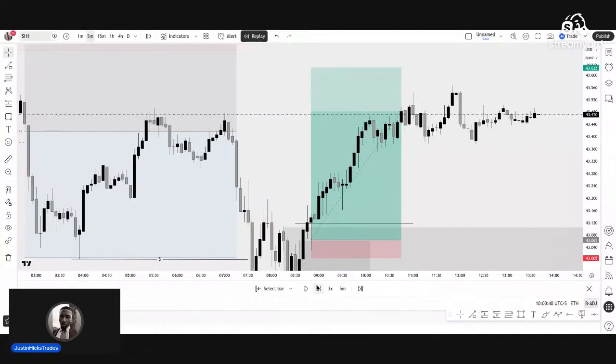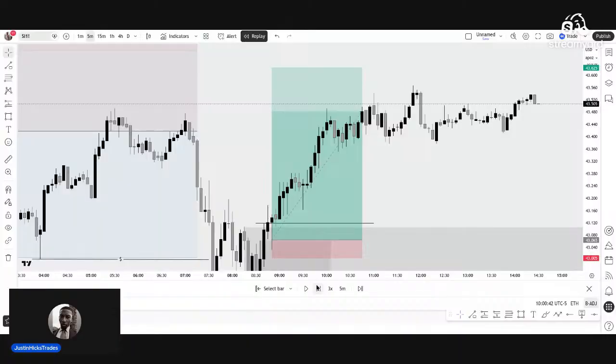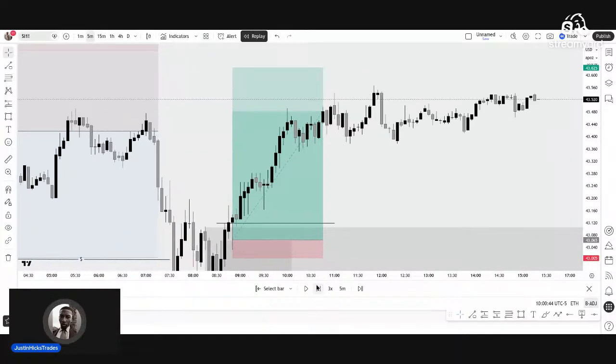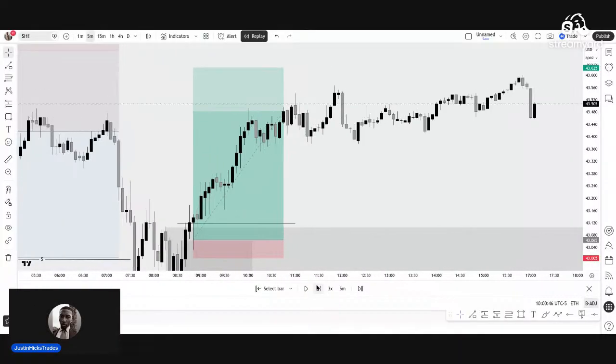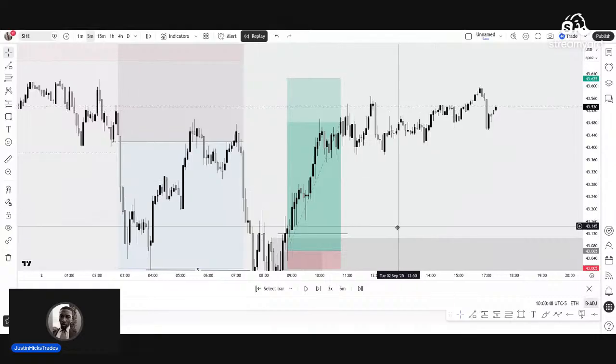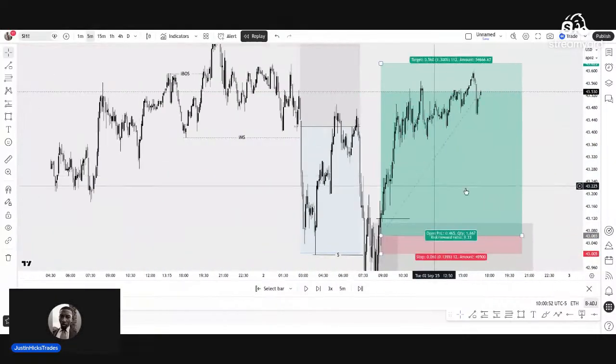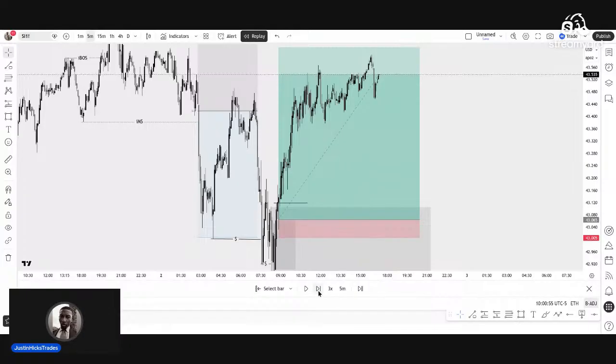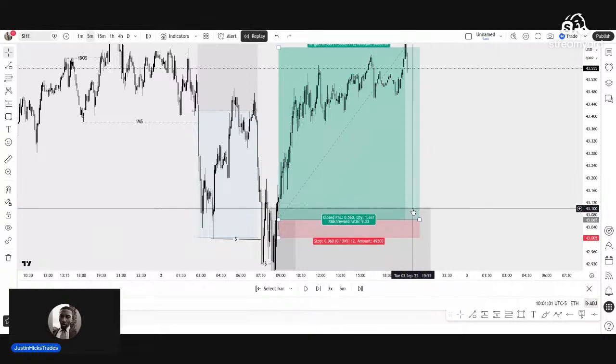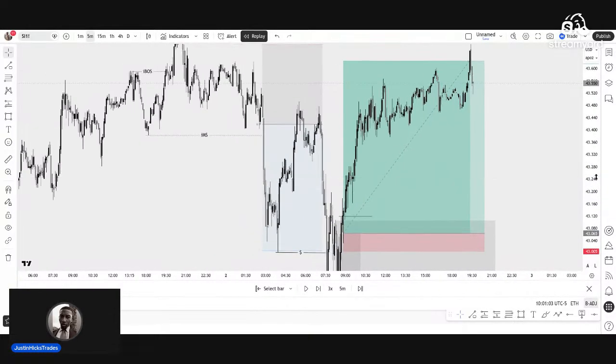The man is running short because there's a supply zone. I don't even think I hit TP yet. Oh, all right, but it's damn sure close. All right, so it hit TP.